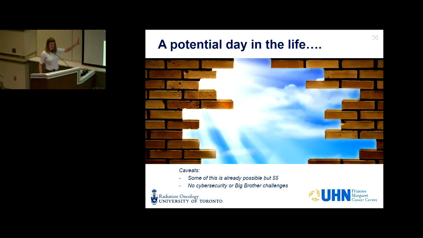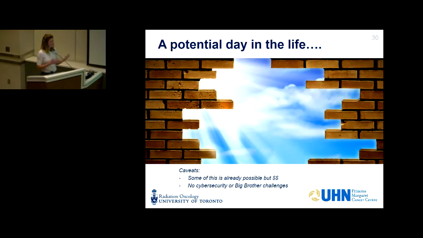Based on all these advances in planning, our threshold for replanning, for adaptive replanning, has gone way down because it's less resource and time intensive. So I need to be much more plan literate at the treatment unit to be able to make these decisions as to whether we need a replan. Planners are also much more focused on complex, unique plans that the system just isn't able to manage.